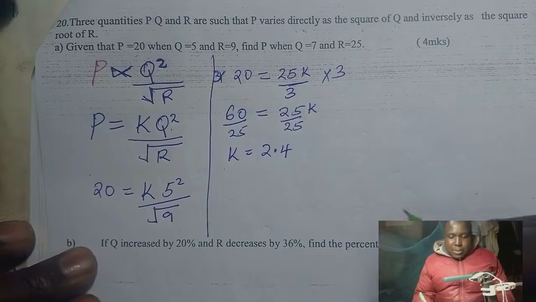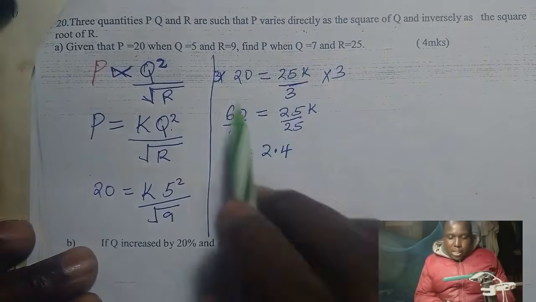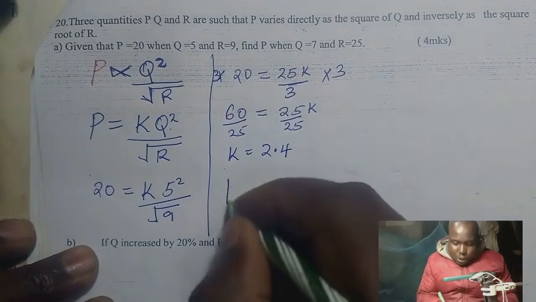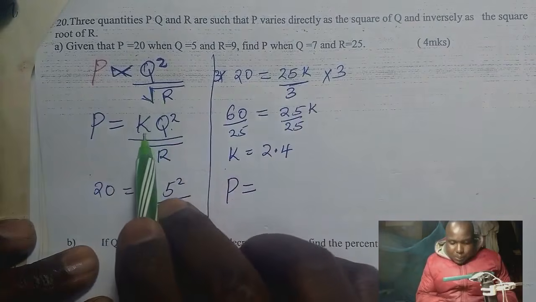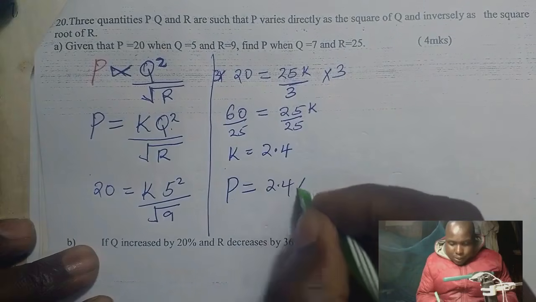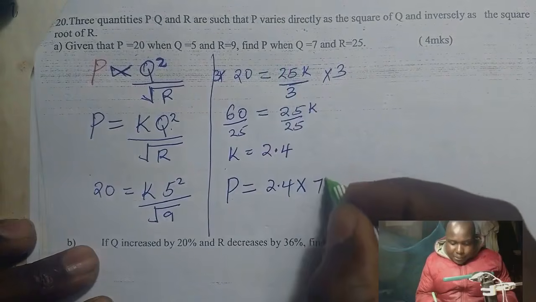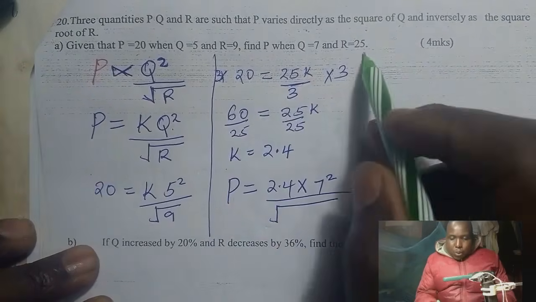Now let us find P when Q is 7. Now that we have k, we are going to just substitute in the formula. So P will be k, which is 2.4, times Q, which is 7 squared. We divide by the square root of 25.